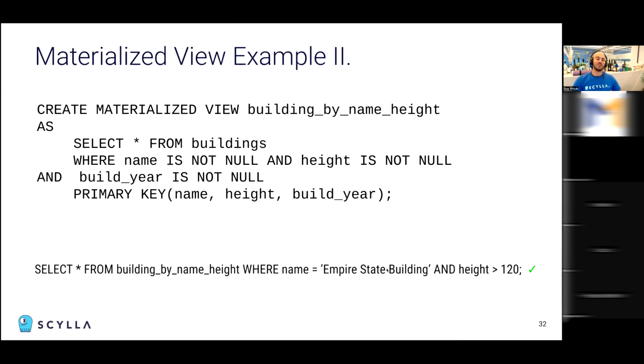Now, to understand what's happening under the hood and when you should use this, keep in mind that basically the database is maintaining another table for us. So every change to the base table would be reflected in the materialized view table. And that means that we have to pay a penalty in terms of storage.